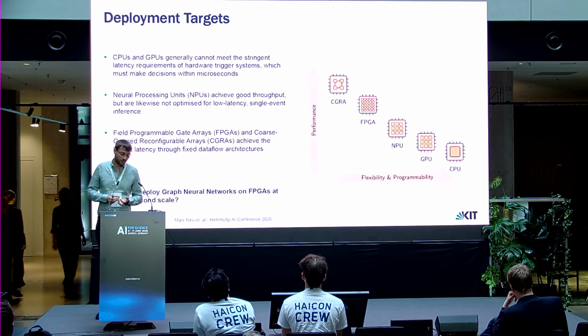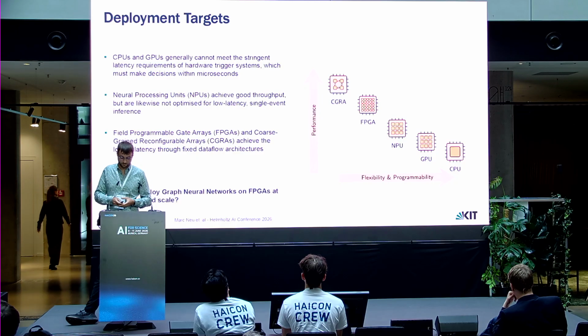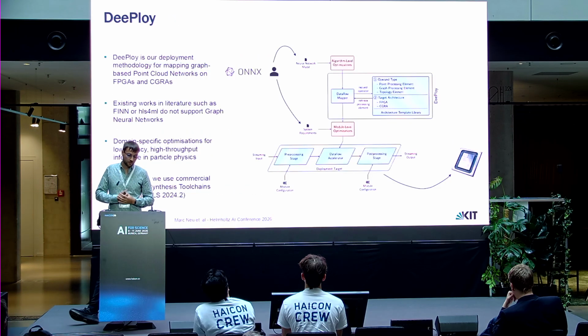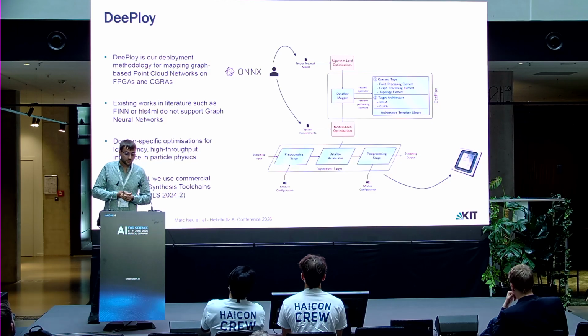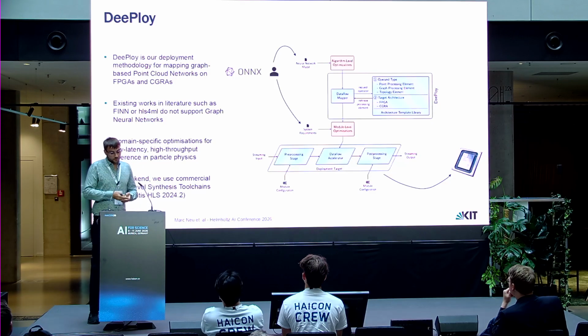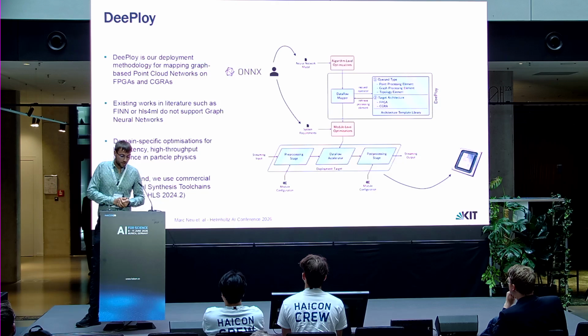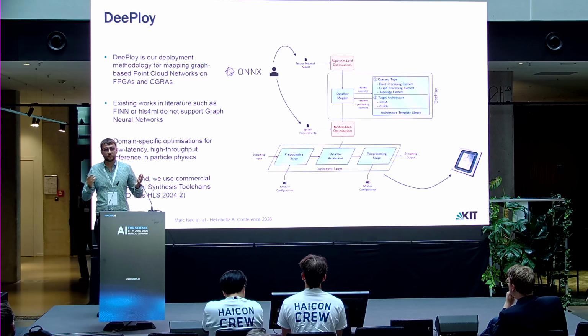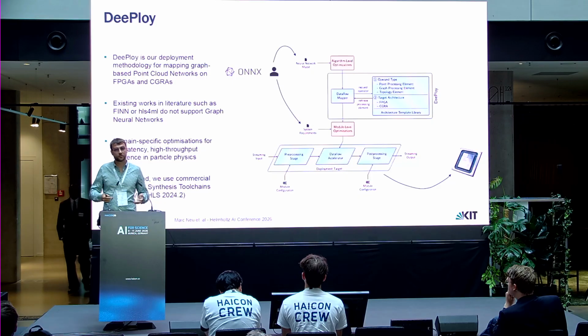The question is now, how can we deploy these graph neural networks on FPGAs at a microsecond scale? For this, we developed our deployment methodology called DeepGraph, which is basically exactly this. Existing works in the literature, for example hls4ml, exist for simple neural networks, with one layer or a few layers.